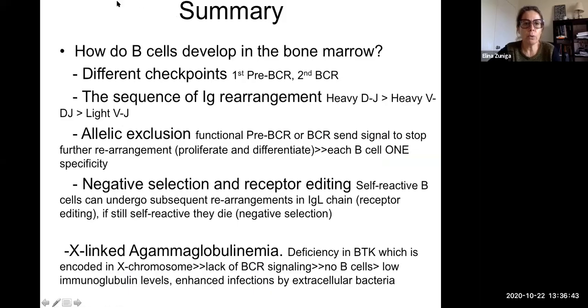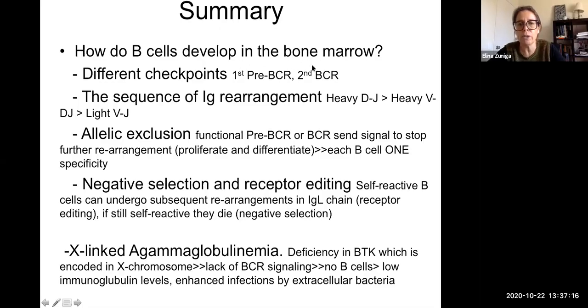Okay, so with that, I would like to summarize what we learned today. B cells develop in the bone marrow, and for doing so, they need to pass two checkpoints. The first checkpoint tests for a functional heavy chain rearrangement with the formation of the pre-BCR, which is formed by the mu chain together with VpreB and lambda 5, which form the surrogate light chain.